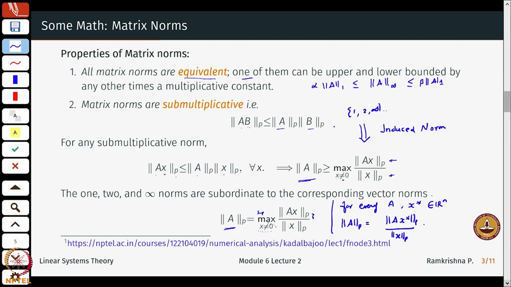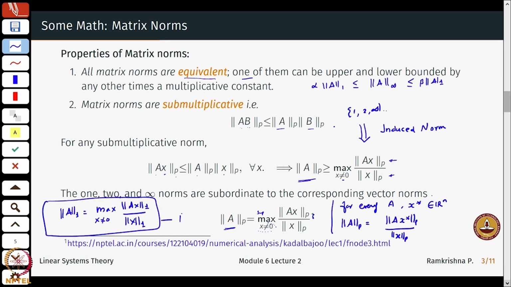Okay. So, if I just take the case of the 1 norm, this would be the maximum over x not equal to 0 of the norm of A x in 1 over the norm of x in 1, right. So, this is what I would get when I look at the 1 norm starting from the definition of an induced norm.